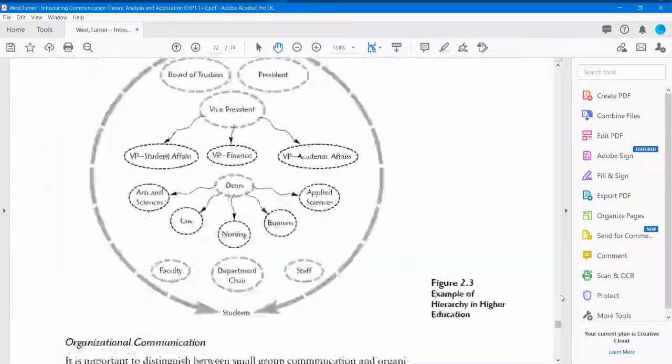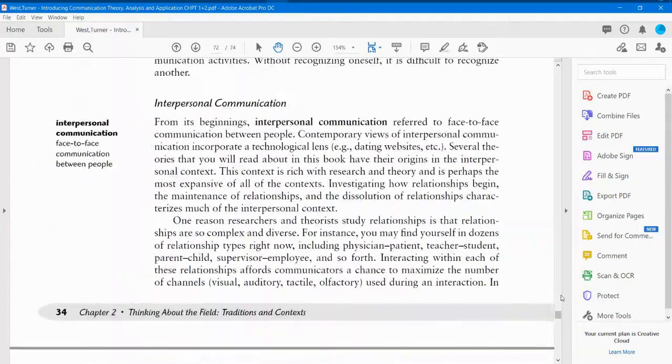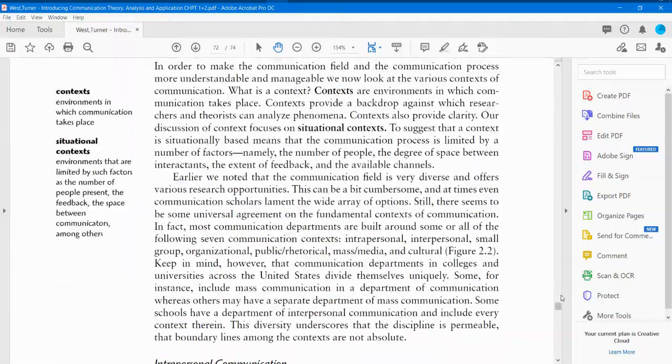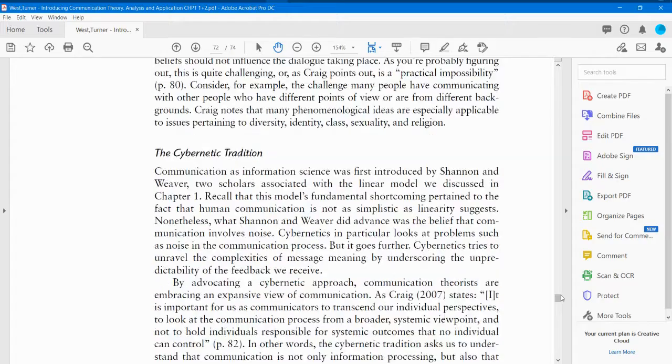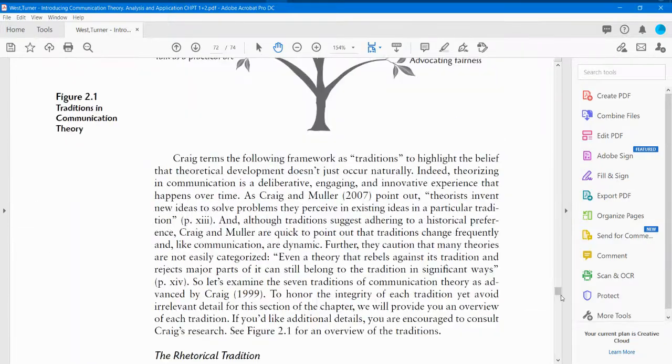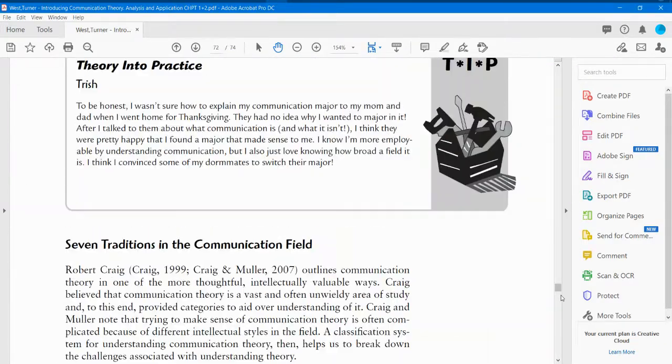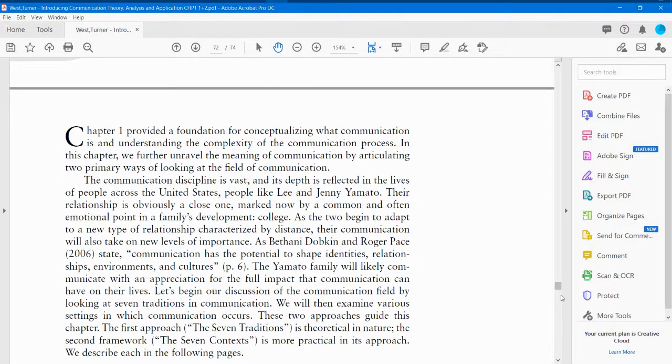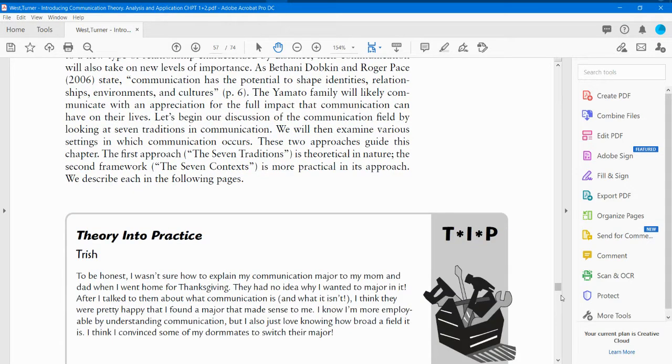Chapter 2 deals with the basic contexts in communication, the traditions in communication. So that is basically what you will read through. They are self-explanatory. It's not complex or complicated. In the exam, I'm not going to ask you any questions that require you to do any analysis for communication, just the theory.